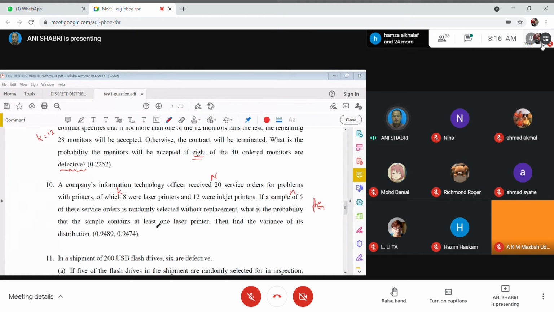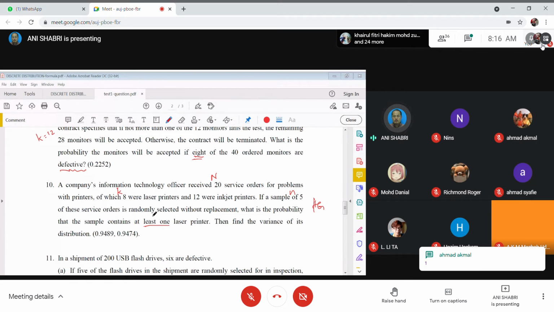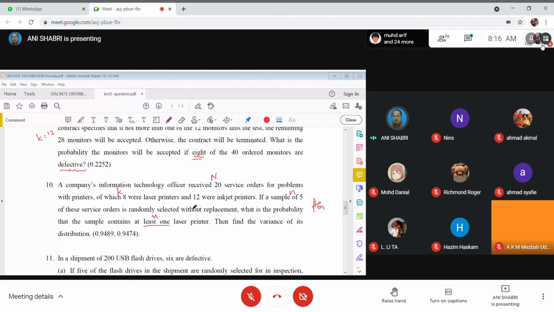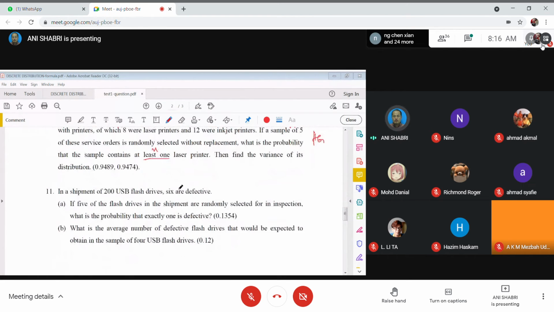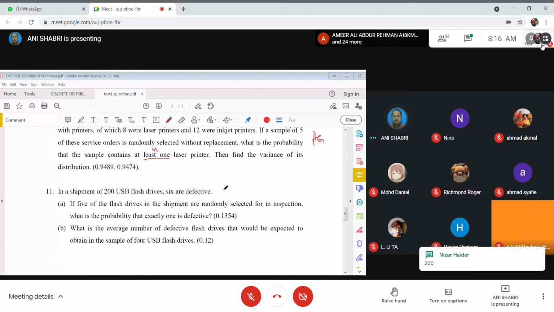At least 1. The X in the question is at least 1. Okay, the last one is the same as this one. What is the value of capital N? N is 200.